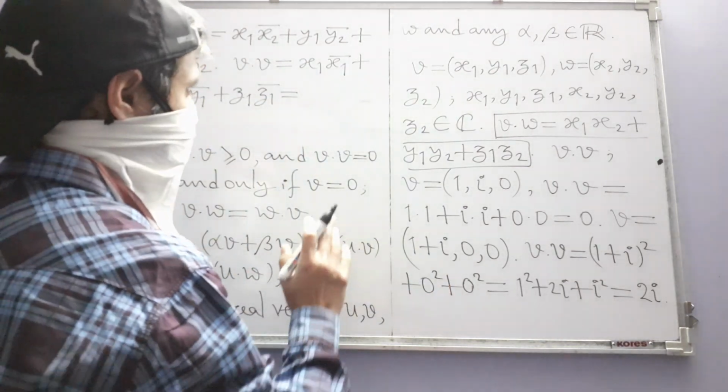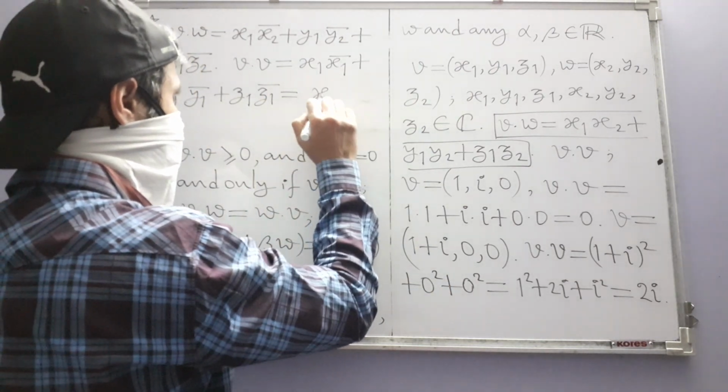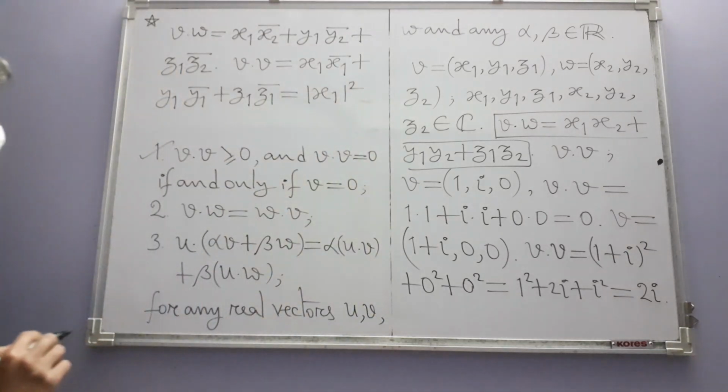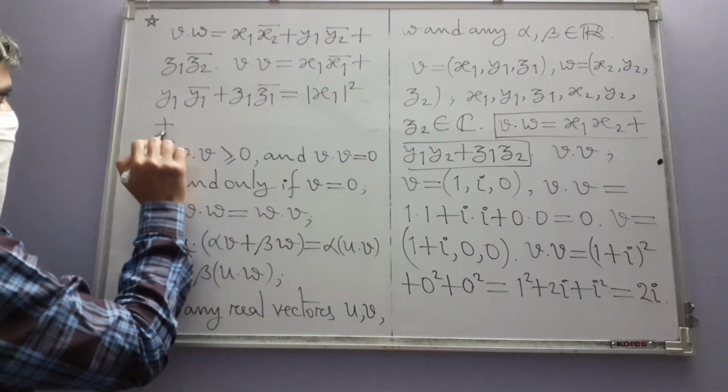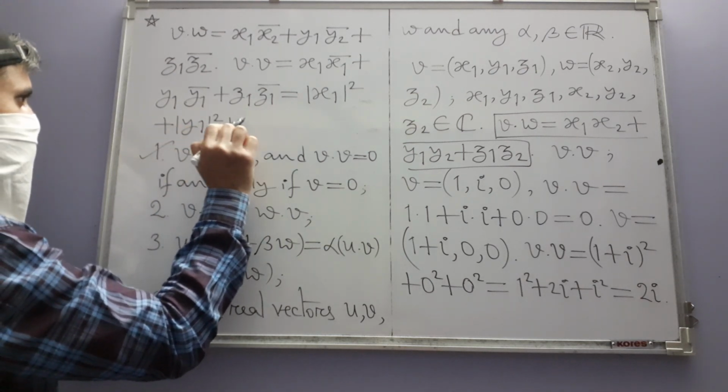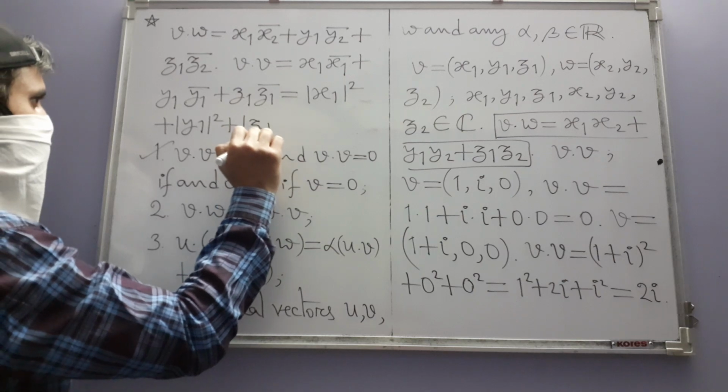So from properties of complex numbers, this becomes the square of the absolute value of x1 plus this plus this.